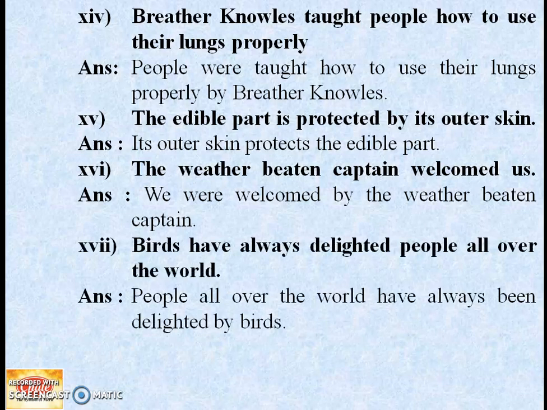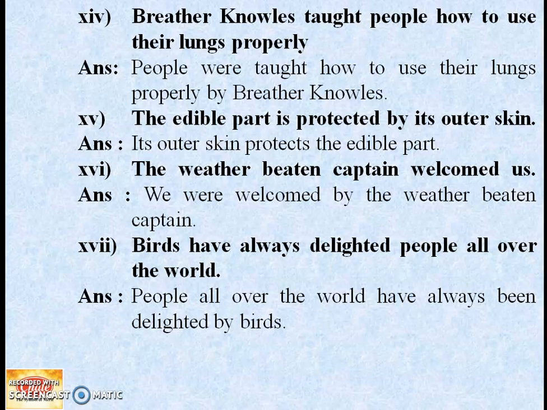Birds have always delighted people all over the world. Birds have always delighted. Whom have birds always delighted? People all over the world. So, people all over the world have always been delighted by birds. Children, here one thing we have to take into consideration. Example number 17 is in present perfect tense.